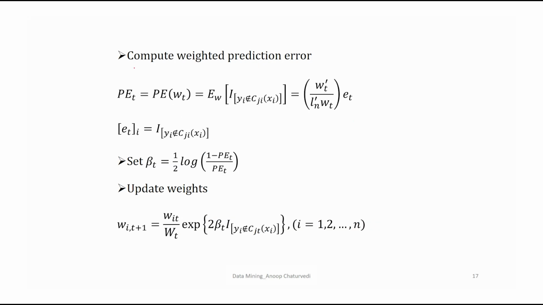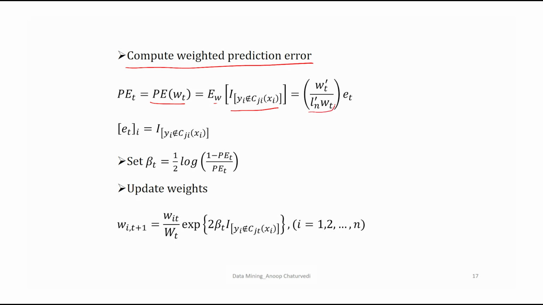Now, we compute the weighted prediction error. PE_t equal to PE_Wt, which is the expectation given W, of the indicator function I(Yi does not belong to C_jt(xi)), and this is equal to Wt transpose Et divided by 1n transpose Wt.